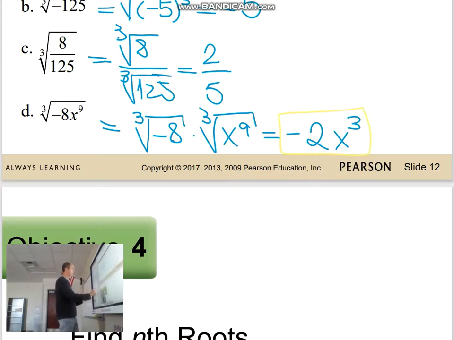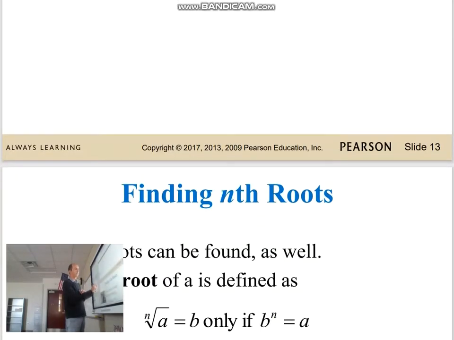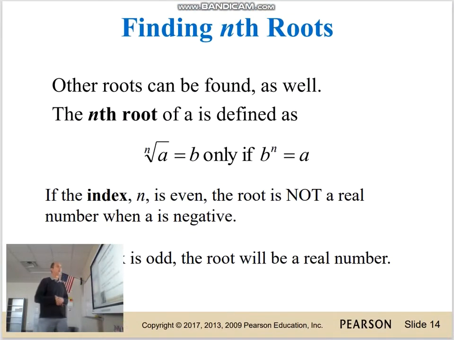Okay, next we have objective number 4. Find nth roots. So we just worked with square roots, with the index 2, I mean, cube roots with the index 3. Now we will find roots with index n. Other roots can be found as well. The nth root of a is defined as nth root of a equals b only if b exponent n equals a.